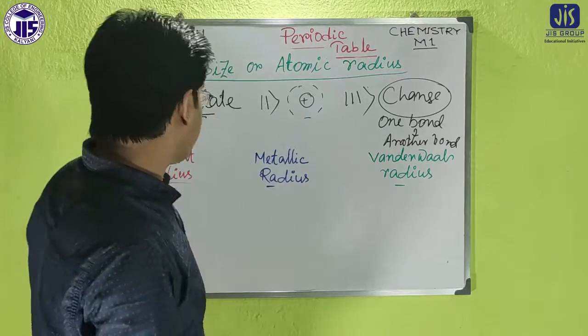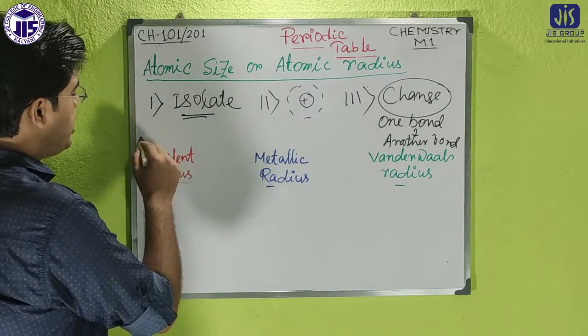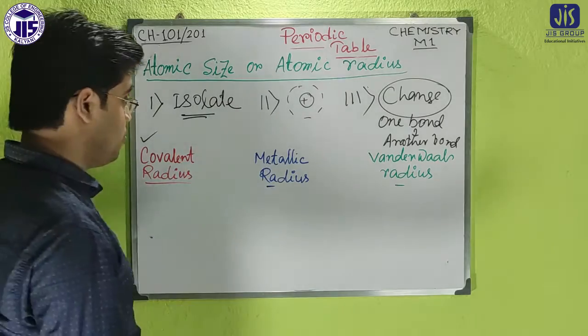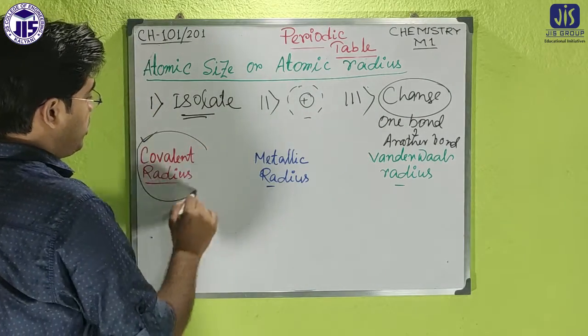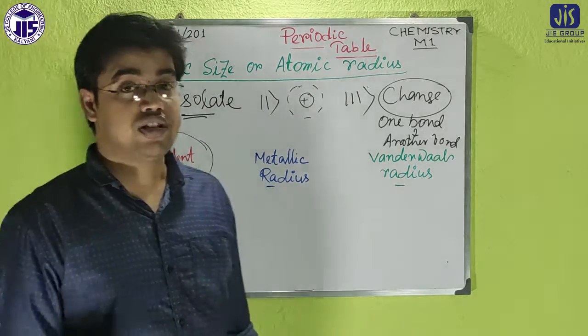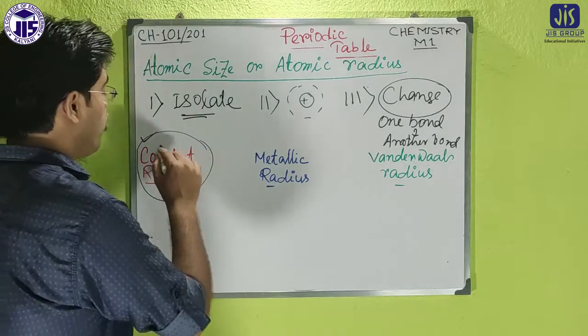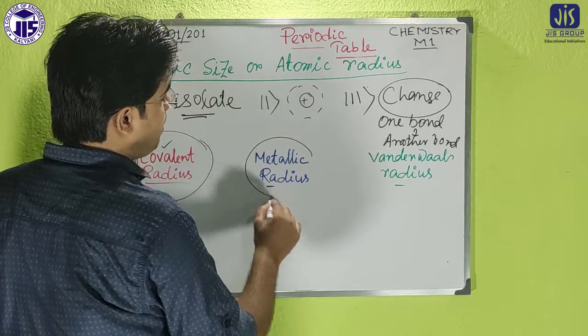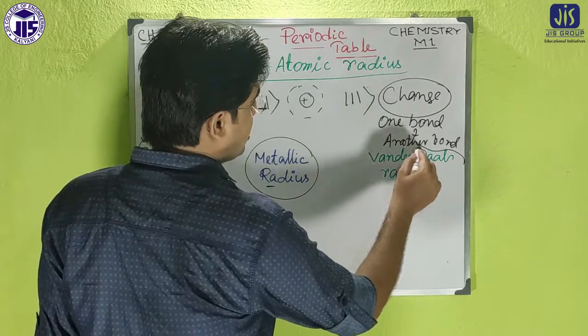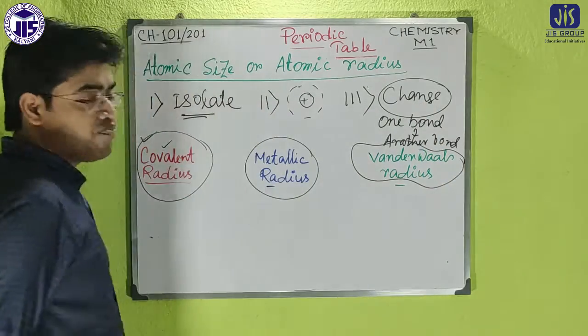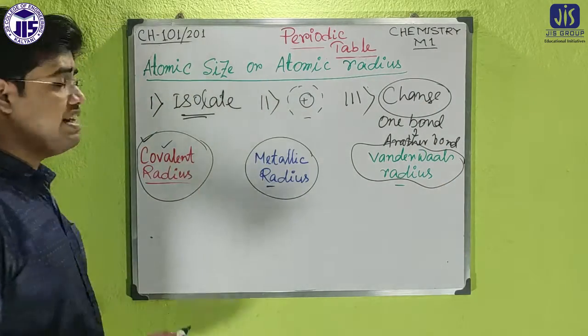So first of all, there are three types of atomic radius that we consider, depending on the different situations. The first one is the covalent radius, the second one is the metallic radius, and the third one is the van der Waals radius. If we consider the covalent radius, that's simple.